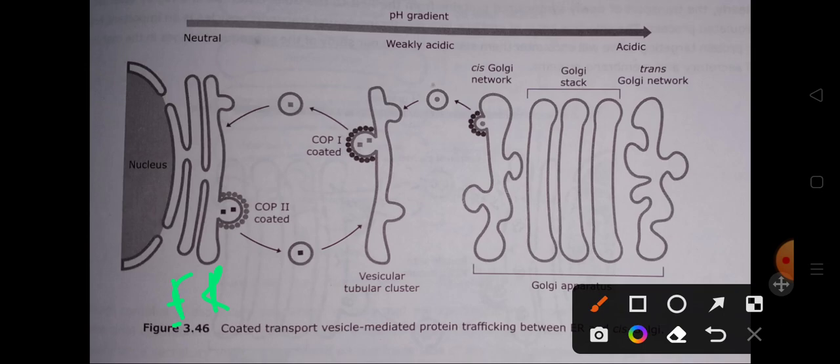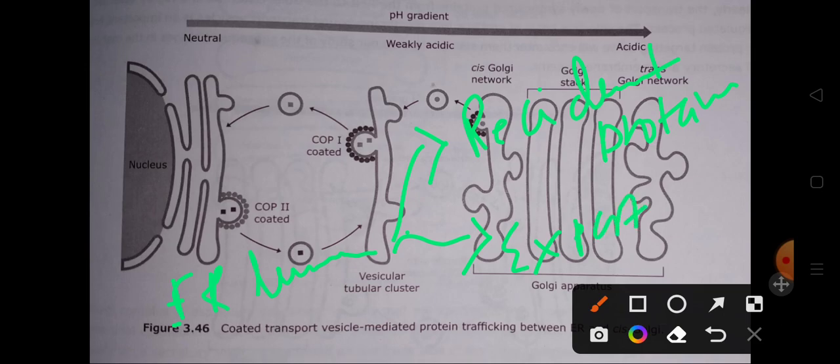Okay, so now in the ER lumen, first of all, remember there are actually two types of proteins present. One is resident proteins, and another is export proteins. Resident proteins are mainly involved in correcting the misfolding of export proteins and in many other processes.